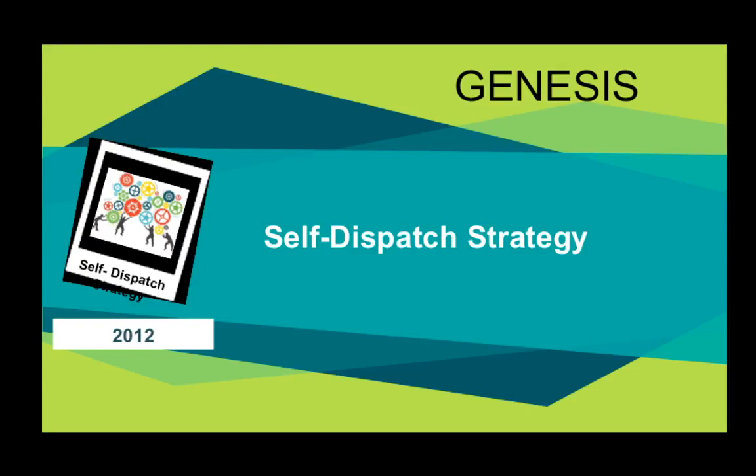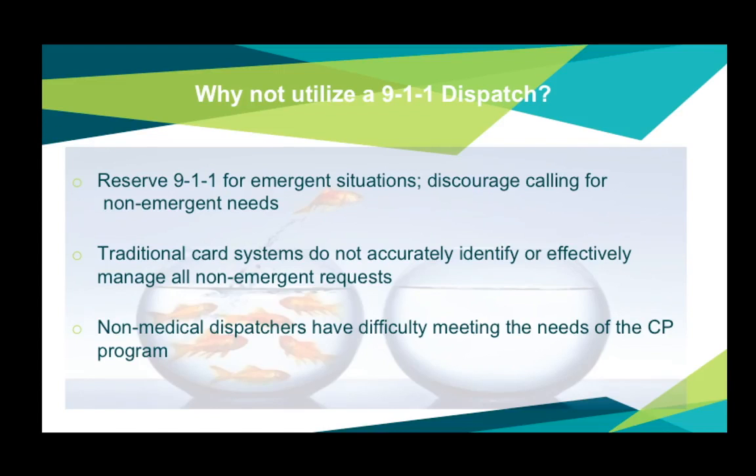You might think, why not utilize a 911 dispatch center? Calgary is one of the largest public safety answering points in Canada, and answered more than 1 million emergency and non-emergency calls last year. We thought that modeling the coordination of community paramedic services on systems whose focus is dispatching emergency resources might limit the effectiveness and scope of our program while contributing to the overutilization of 911 and emergency dispatch centers.